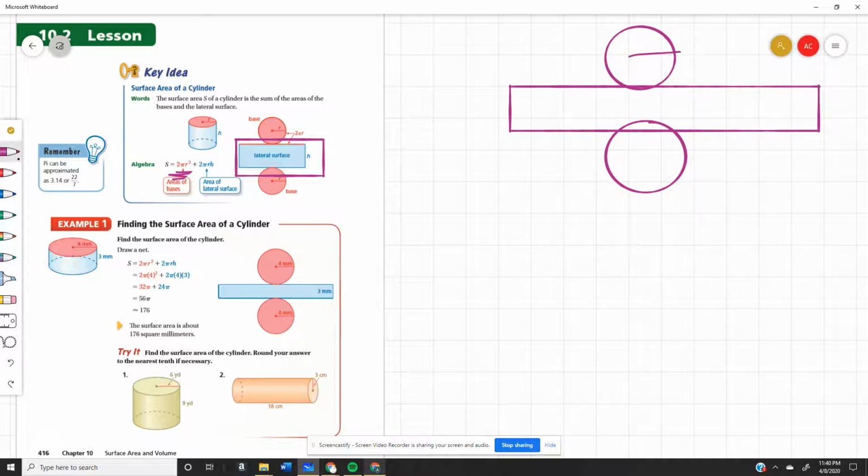So this would be 3 centimeters, and our height here would be 18 centimeters. I know that looks like it's the length, but imagine if you took this cylinder right here and you turned it up on its base, and then you could really see that that height was 18.